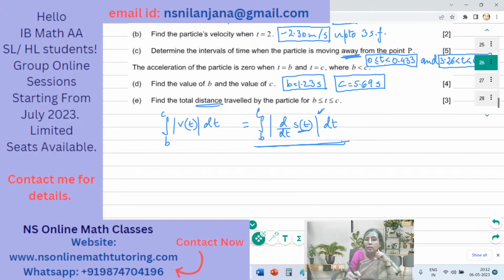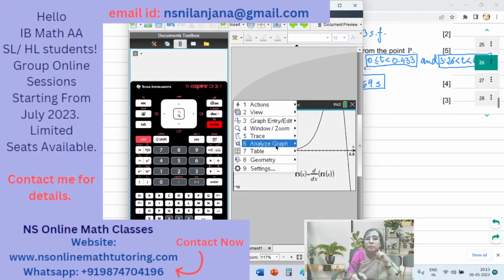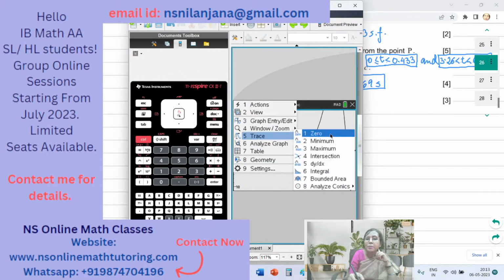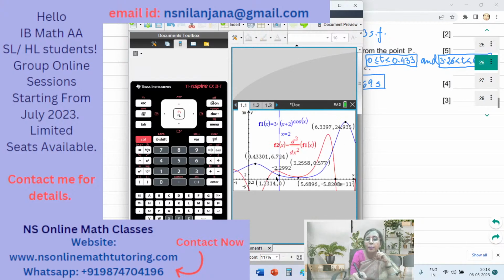Now we are seeing 1.23 will be, this is 1.1, this is 1.2. What is this? Let me get the 0. I'm being suspicious somehow, that's why I'm just checking. This is the 0. So I will be taking 1.2314.